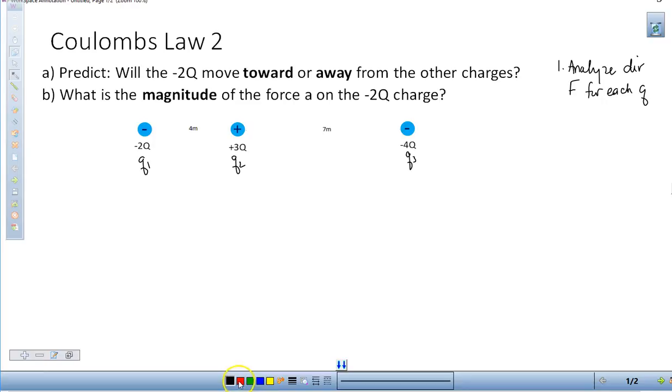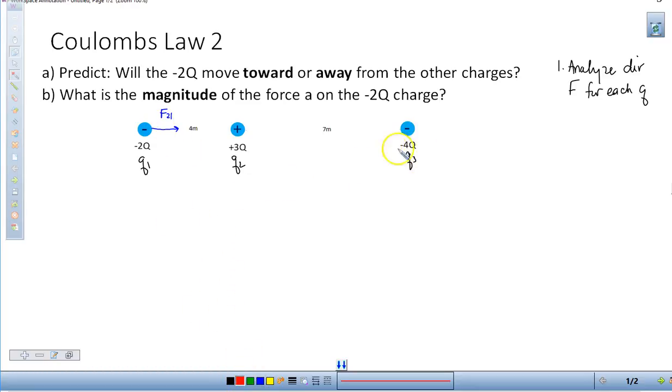So the force, I'll do this in blue. The force on Q1 from Q2 is going to be toward, because this one is negative, this one is positive, and they're going to attract each other. So this is the force of 2 onto 1, and that's the way we write it. This one is going to be pulled this way, and I'm analyzing the force because this is going to give me direction.